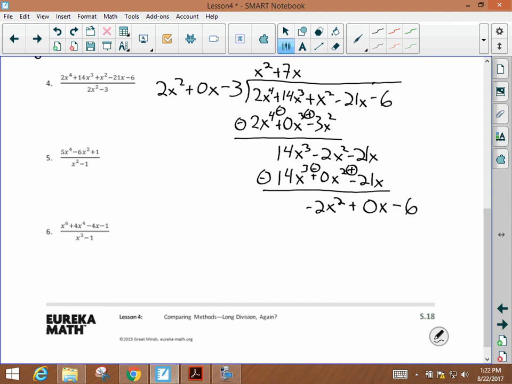Okay, what would I multiply 2x squared by to get negative 2x squared? Well, that's just going to be negative 1, right? I distribute that negative 1 across my divisor, and I'll wind up with negative 2x squared plus 0x.